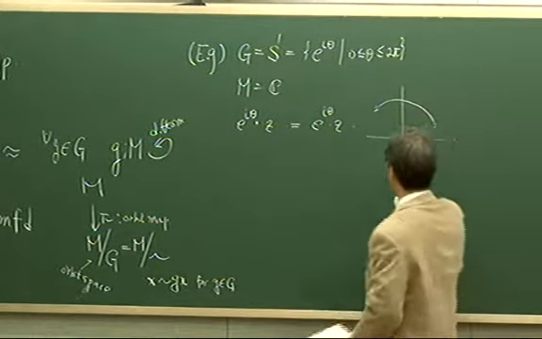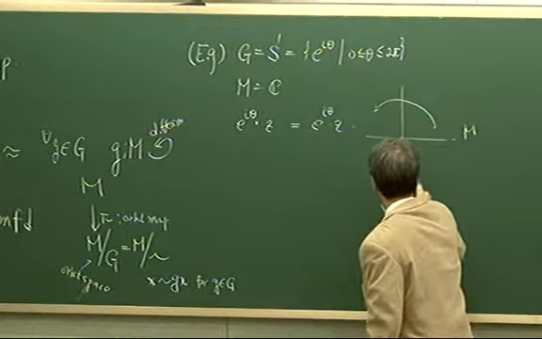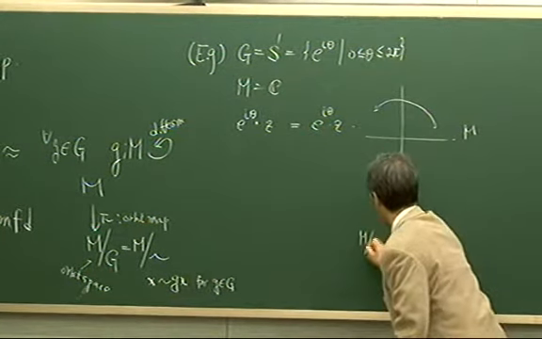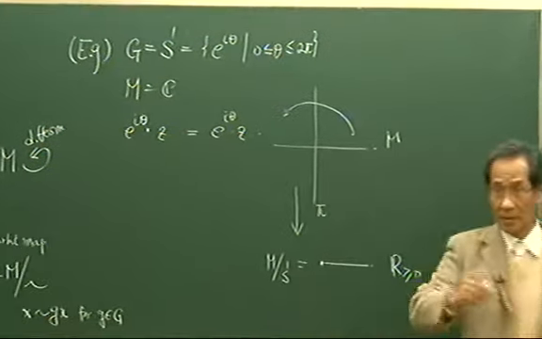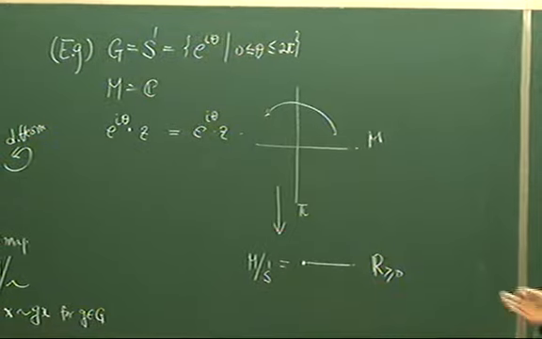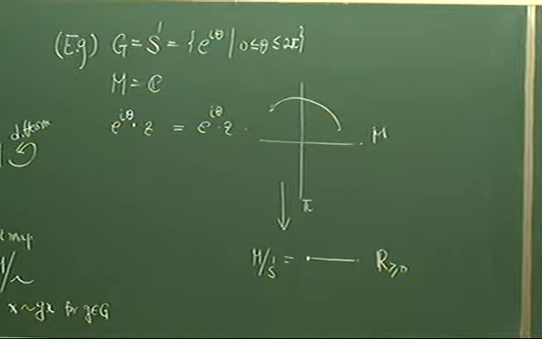So M quotient G, or M quotient S1, is nothing but a half line. Okay, so it is a half line. This is a very simple example, but it is also a very important example for toric theory, one of the basic examples.